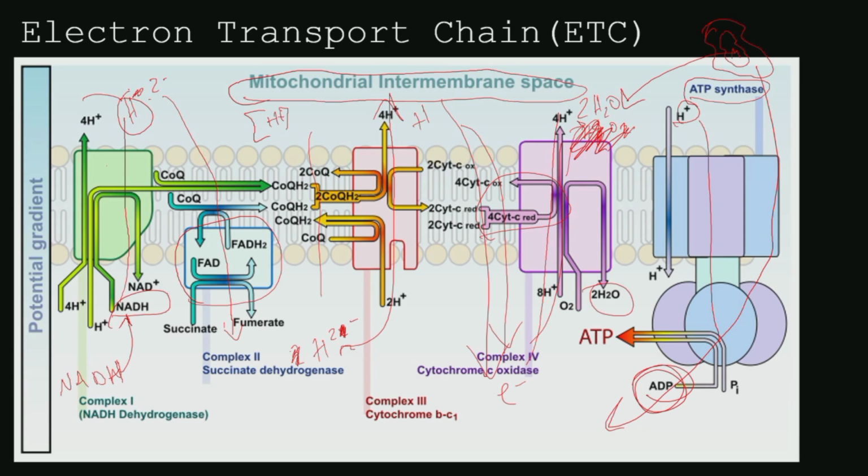Alright, so basically, to recap, we have a high concentration of hydrogen ions, and those will go through ATP synthase, like this, and then make ATP.